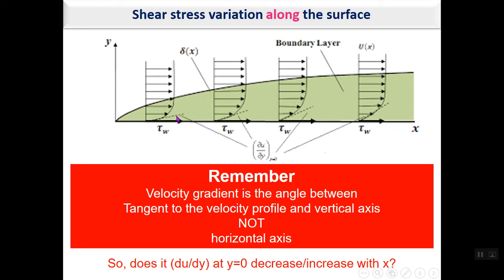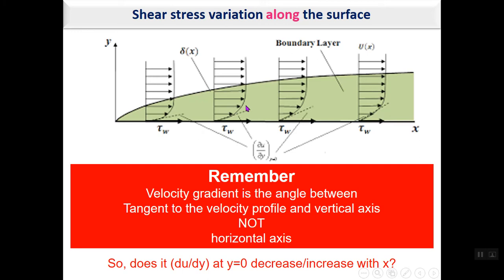There's an important point here again, and this is also a very important slide in our course. For example, near the leading edge of the plate, where the flow starts, the thickness of the boundary layer is small. So within this small distance, the velocity should reach from 0 to the free stream velocity.